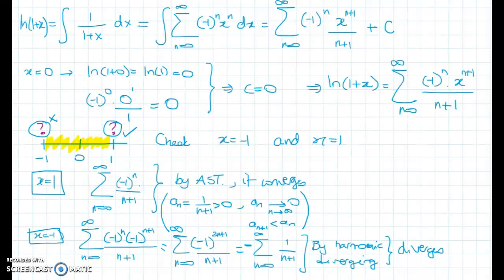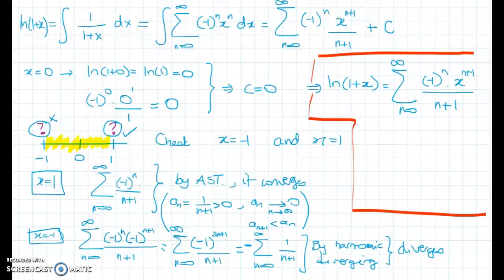So let's use a box to underline this. That's the power series we found, and we also found the interval of convergence. It's between -1 and 1. It is not including -1, and it is including 1.